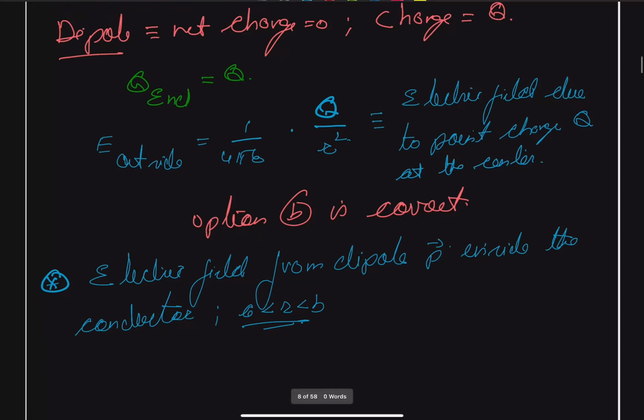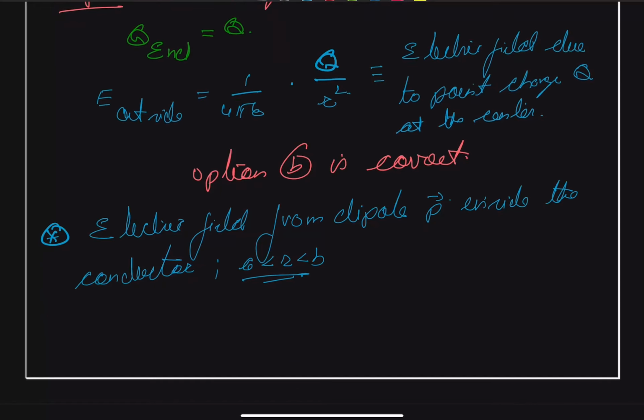And if we want the electric field from the dipole inside the conductor to cancel, then the inner surface must develop an induced charge that creates an induced electric field which will be the negative of the dipole field inside.